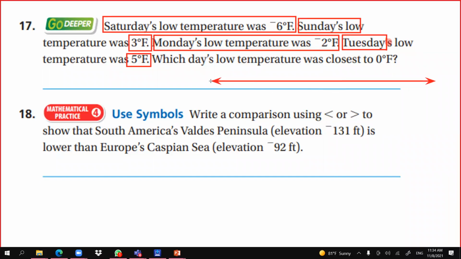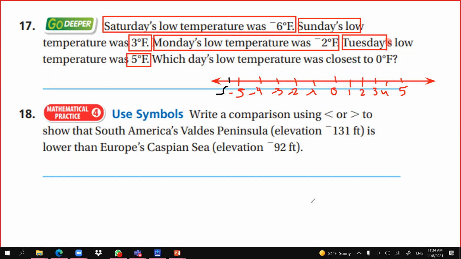Here we have negative 5, negative 4, negative 3, negative 2, negative 1, 0, 1, 2, 3, 4, and 5. Now, on Saturday, it was negative 6.